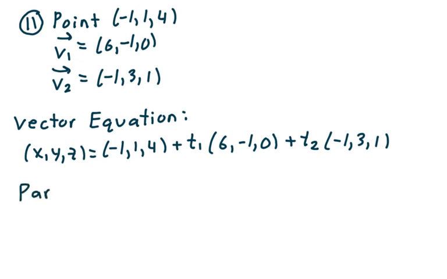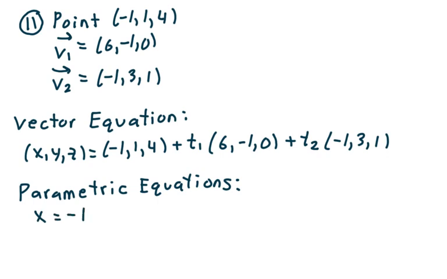Now, what are the parametric equations? Let's take a look at that. So x is -1 plus 6t1 minus 1t2. y is 1 minus 1t1 plus 3t2.